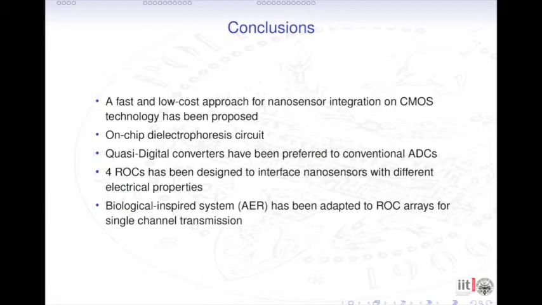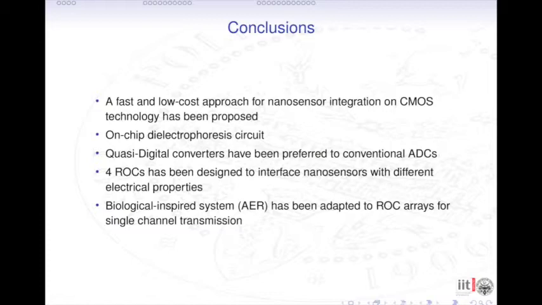And then 4 different readout circuits have been proposed, from the proof of concept to the most elaborate, most complicated readout circuits.